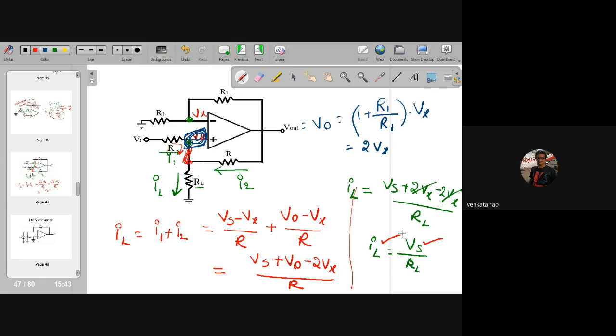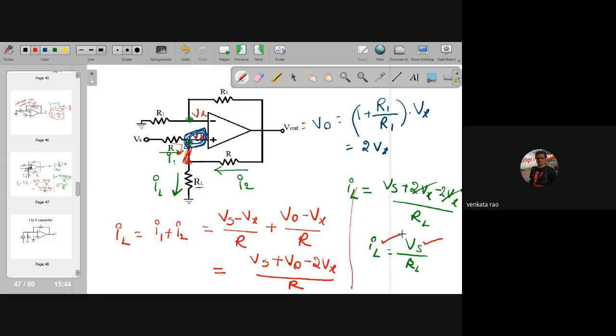In GATE examinations, sometimes they will give a circuit and ask you to identify it: is it an integrator, differentiator, voltage to current converter, or current to voltage converter? To answer those questions effectively, you should be thorough with this method also. You can practice that one also.